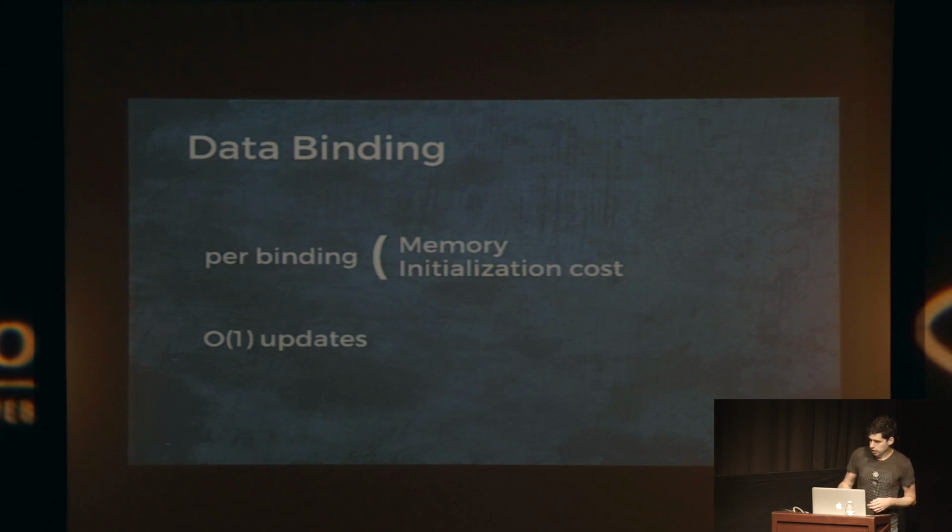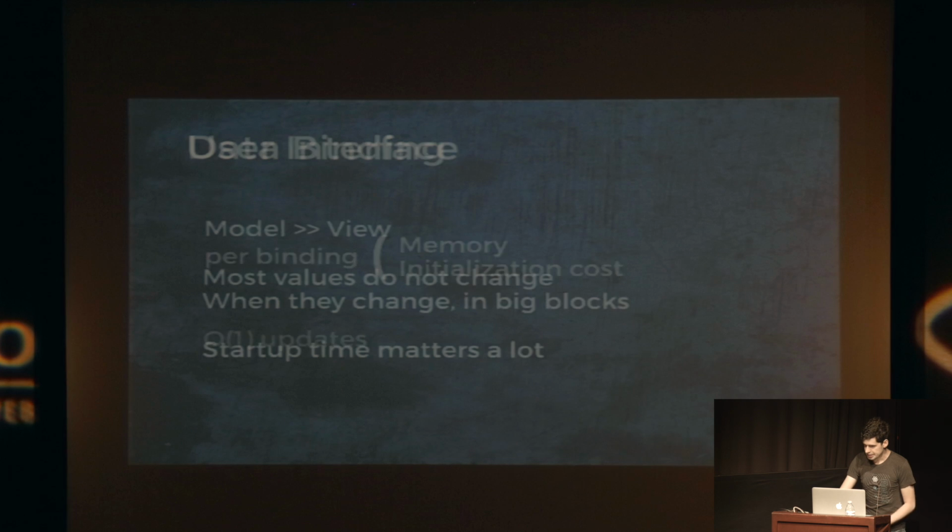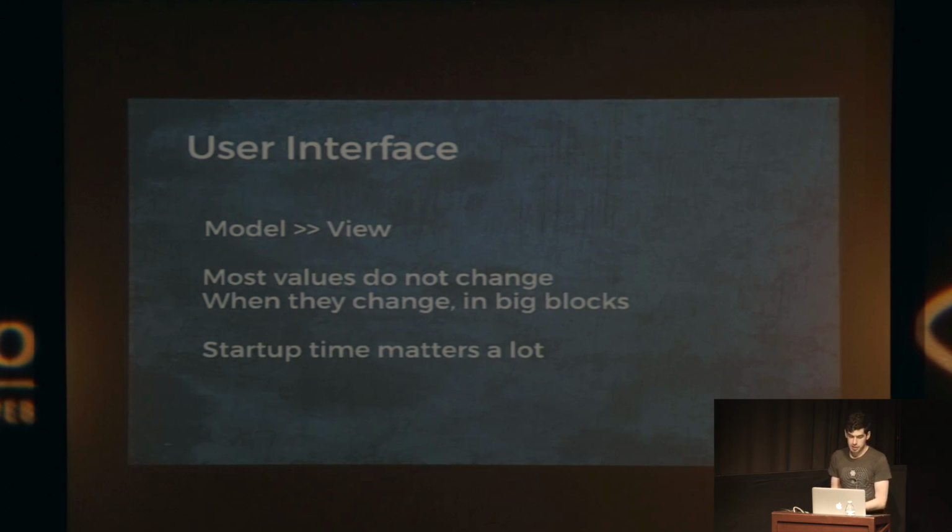And so what Pete was talking about is using data binding for user interface, for the bulk of your UI. And this is actually not a good fit, because in a typical UI, your model is going to be much bigger than your view. You're going to pre-cache some other pages. You're going to have a lot of things that you're not going to display.